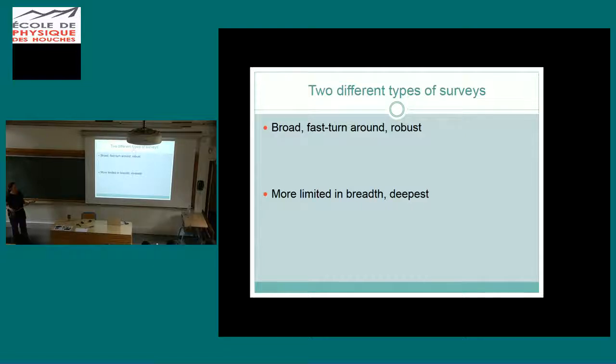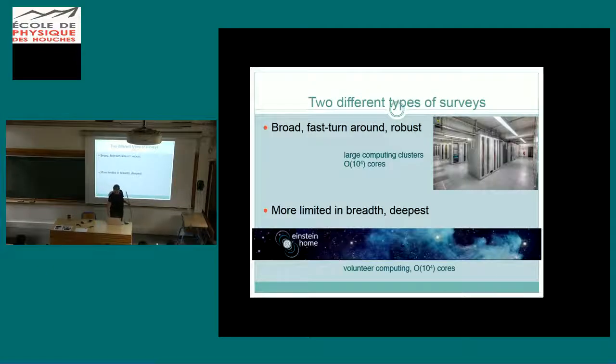So even though our deepest searches make that assumption in order to make the coherent time baseline as long as possible, to dig as deep as possible, it's good to have methods that trade off robustness with sensitivity. Okay, so we have two approaches: these very broad parameter space, less computationally intensive, so fast turnaround and robust, and those more limited in breadth, but really the deepest that we can do.